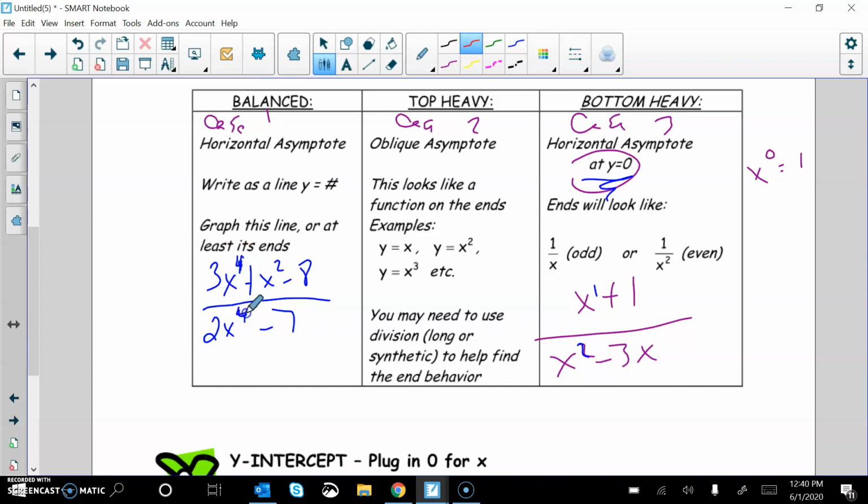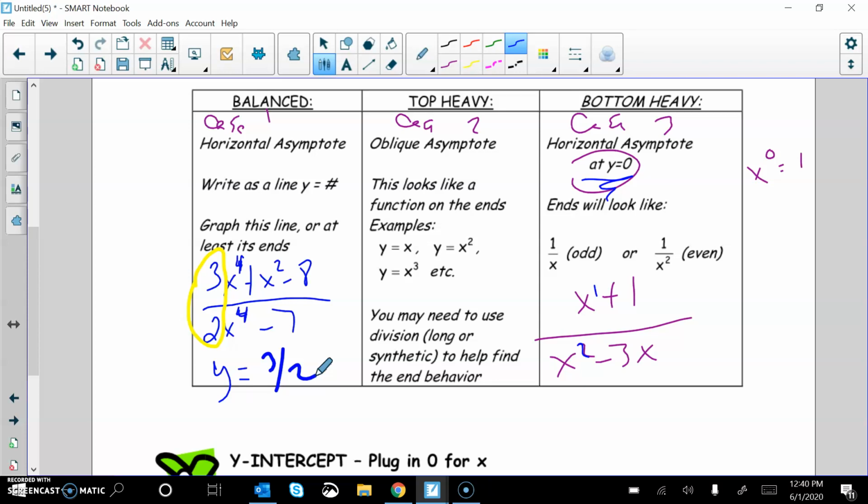The degree of your denominator is also 4. If the degrees match, you have a horizontal asymptote at the line y equal to the ratio of the leading coefficients. So 3 over 2. So the line y equal to 3/2 is where you have your horizontal asymptote.